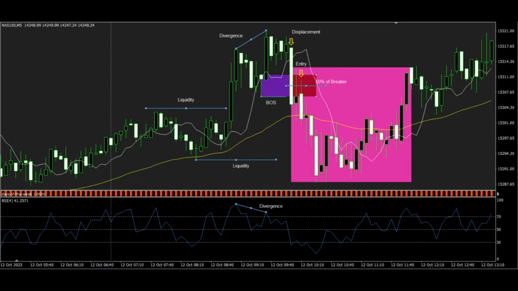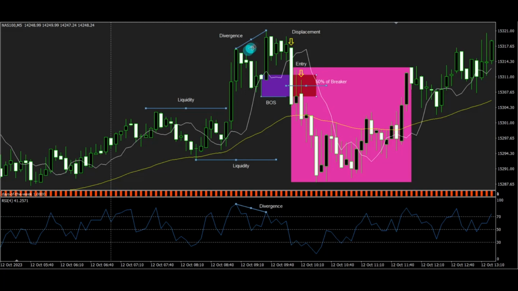This example has a lot of things going on in it, which is an awesome opportunity to take a trade when you see all of the ideas playing out. You have liquidity formed, liquidity taken, and then the opposite liquidity is the target.